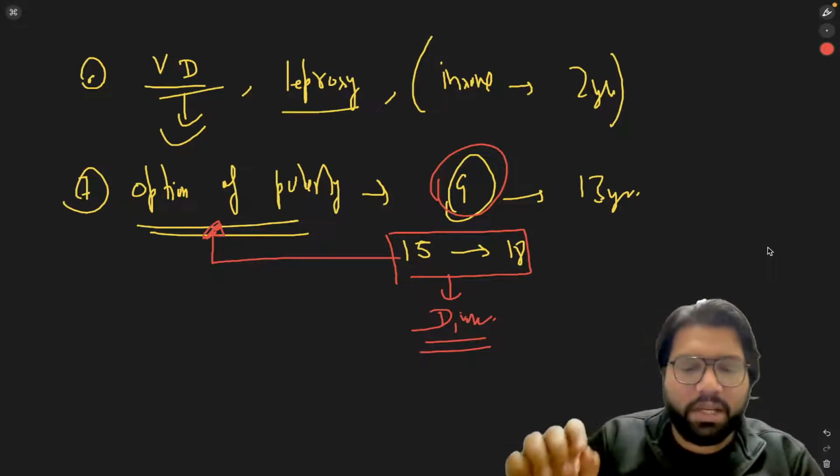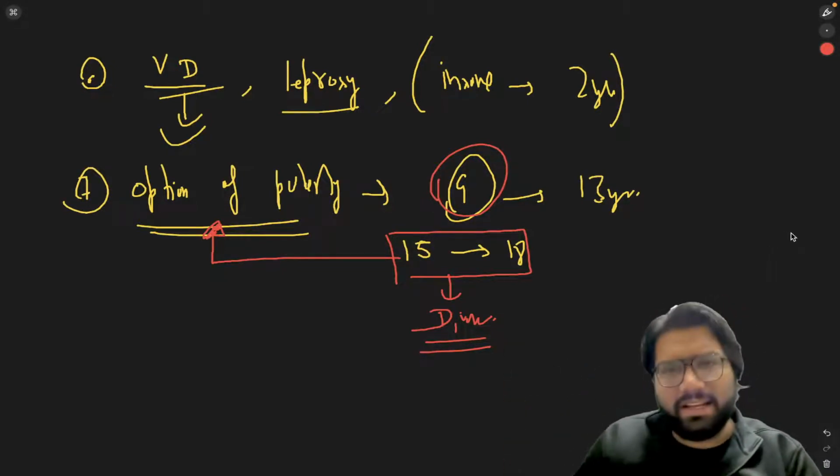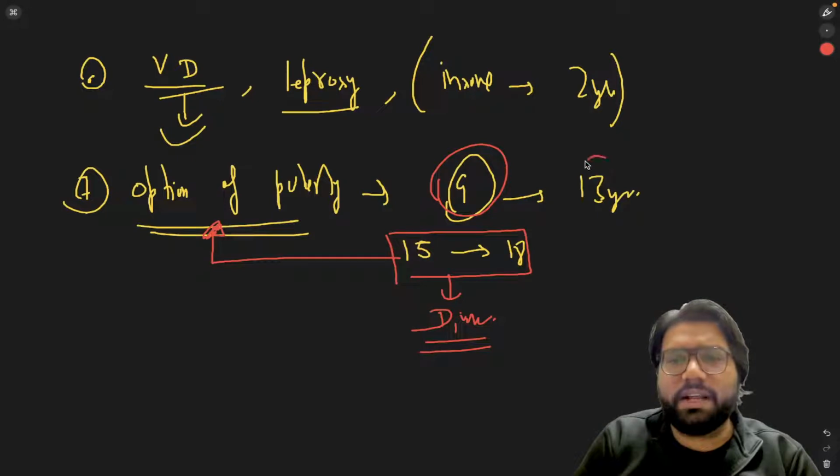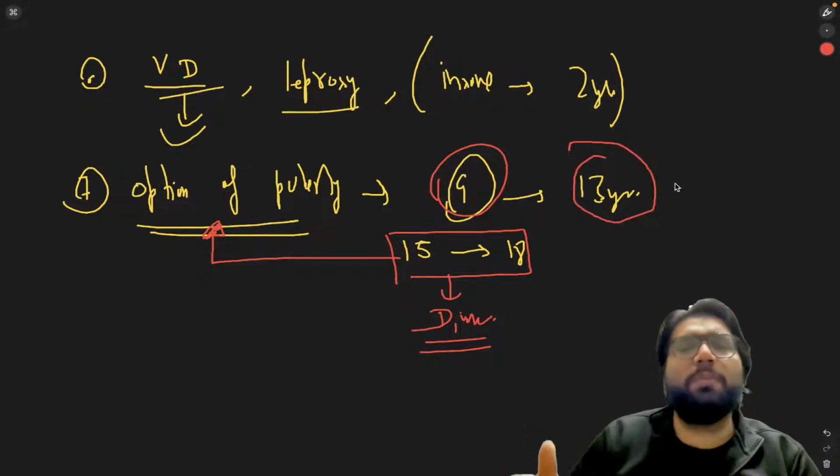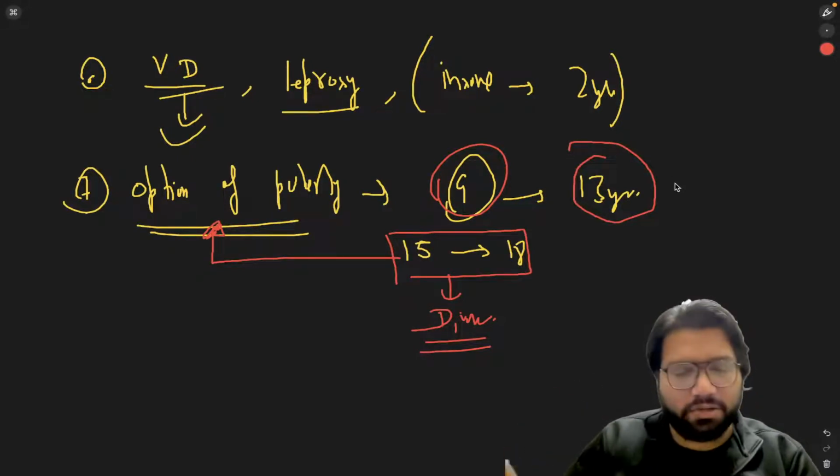Obviously, if she is getting married at the age of 13, that is only possible with the consent of the guardian.